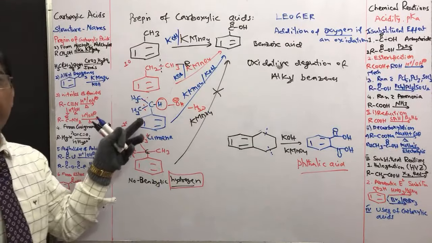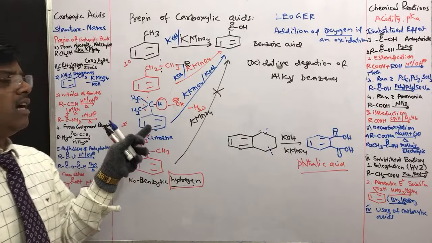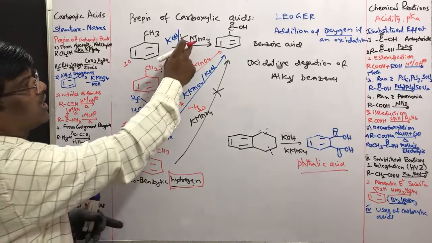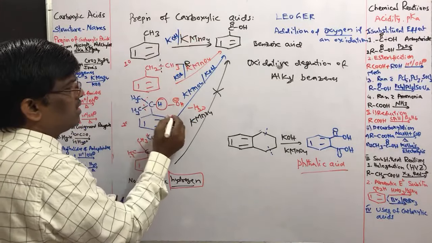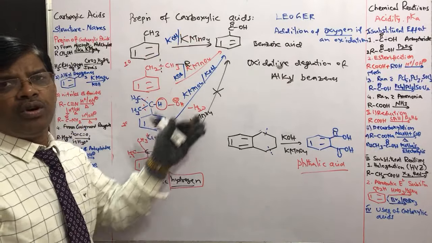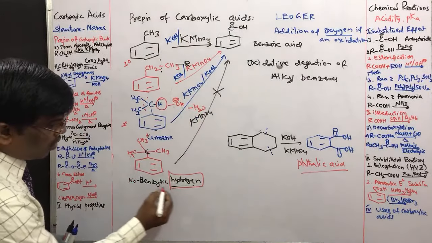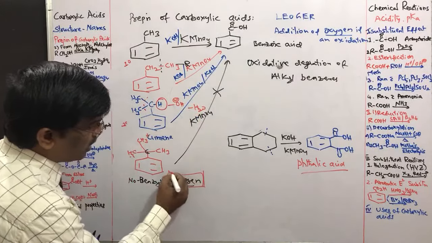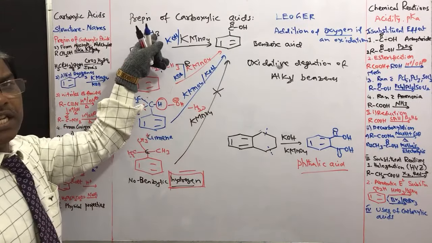This benzylic carbocation is stable, so it forms very easily. That benzylic carbocation will be oxidized by MnO4, where O minus will attack onto this, and the remaining chemistry is similar or the same as the alcohols' chemistry or mechanism. That is how. So presence of hydrogen is important to prepare carboxylic acids at the benzylic position.